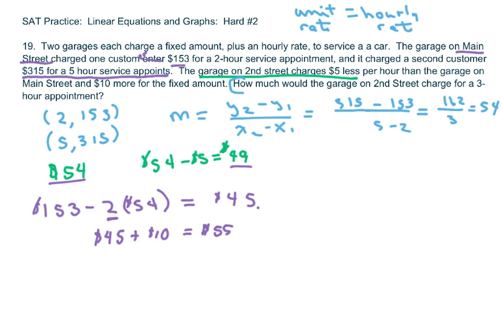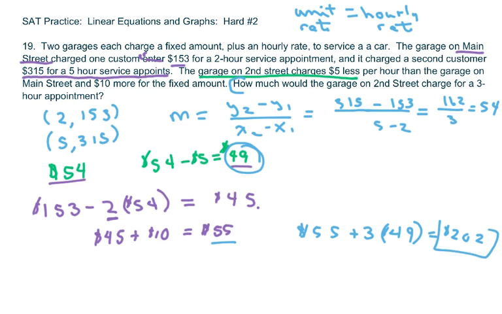Now, putting these two pieces of information together, the garage on 2nd Street would charge $55, plus 3 times your $49. And that gives you $202 for a 3-hour service appointment.